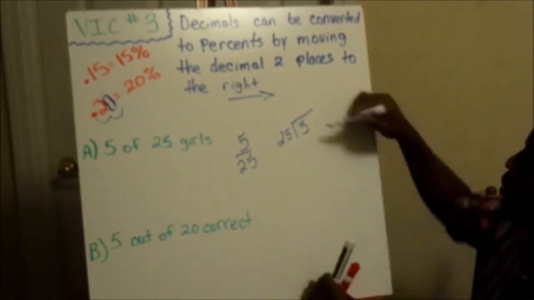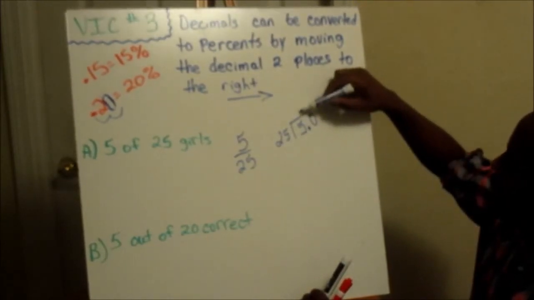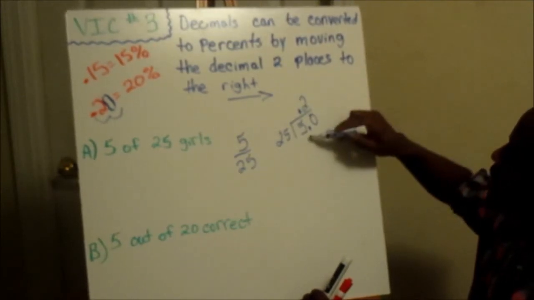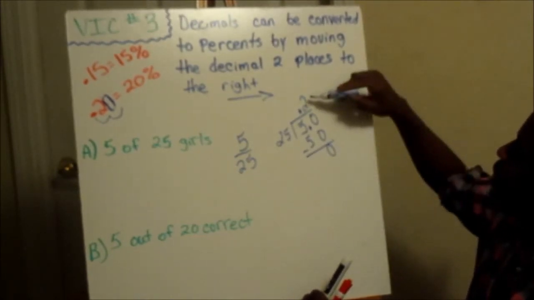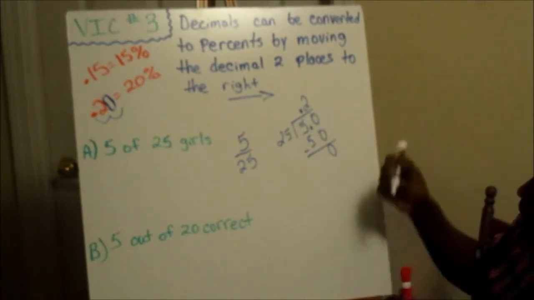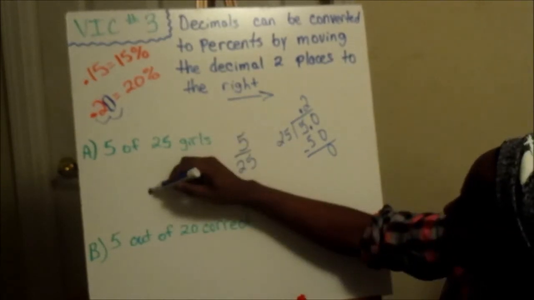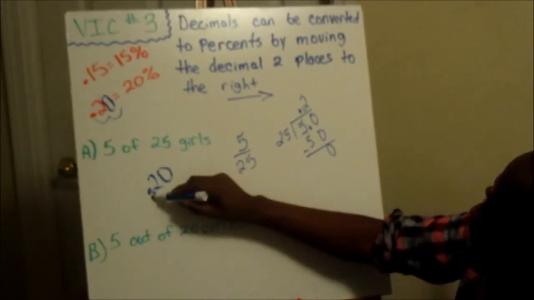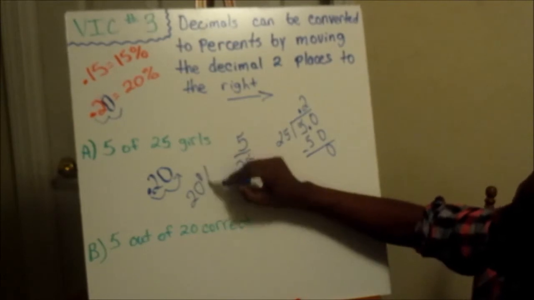And then I would just divide normally, which means I'm going to have to add a decimal and a 0. 25 will go into 50 twice. I would get 50 and 0, which will then get me 2/10 as my decimal. And 2/10, I know I'll add another 0, and it'll become 20%.